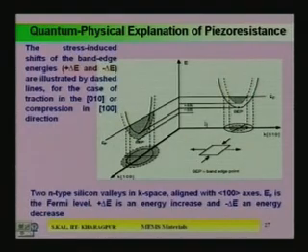If you apply the traction axis that we elongate, there is a probability of movement of the carrier from this axis to this axis, because here easily they can jump, but here no. So, the mobility of the carriers may increase, because there is a tendency of movement of the carrier along this compression axis. As a result, here mobility will increase. Mobility increase means piezoresistance will decrease, conductivity will increase, but here the opposite. So, this is the quantum physical explanation of the piezoresistance effect.